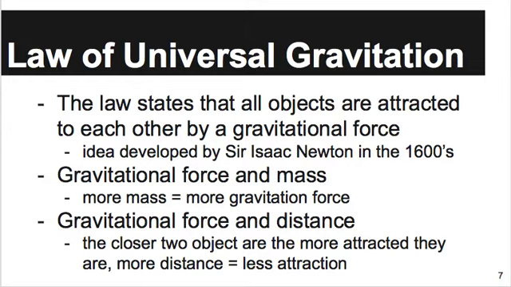The closer two objects are, the more attracted they are. So Mercury, based on distance, is more attracted to the Sun than Earth is because it's closer. But because it has less mass, it would even out. So again, we are very close to the Earth, touching it, in fact, that the gravitational force there is very, very high.